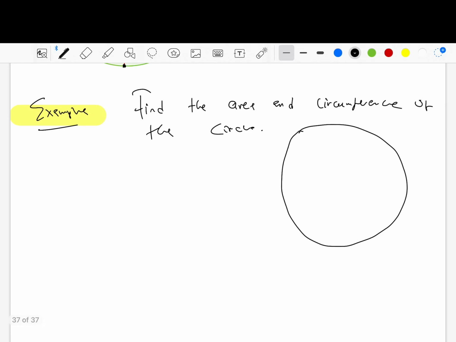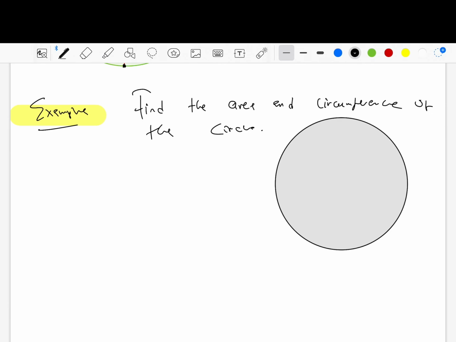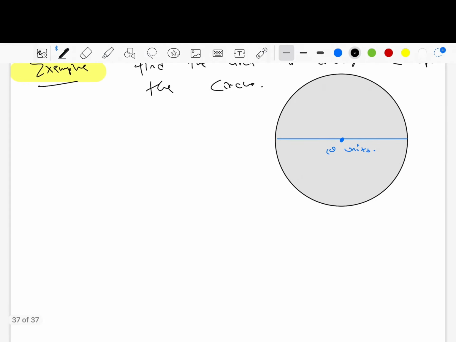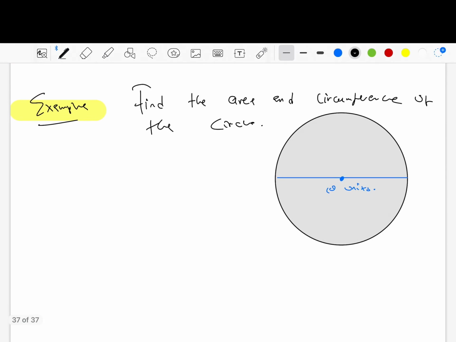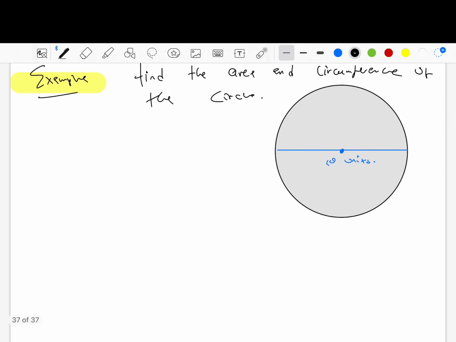You have a center here, and you know that the distance from here to there is 10 units. From there, you need to find the area and the circumference of the circle.